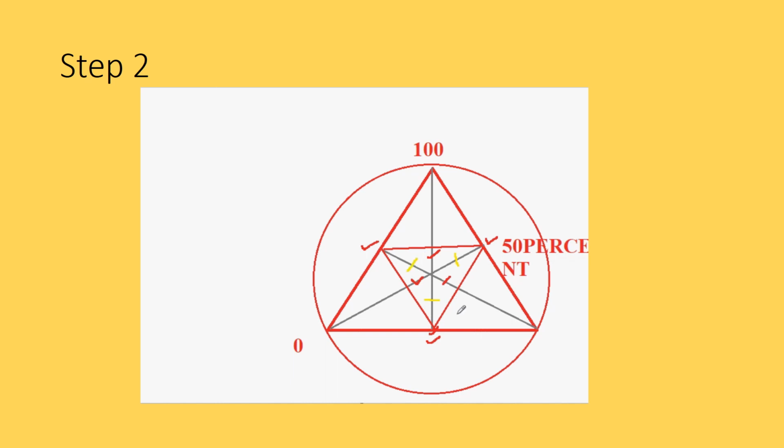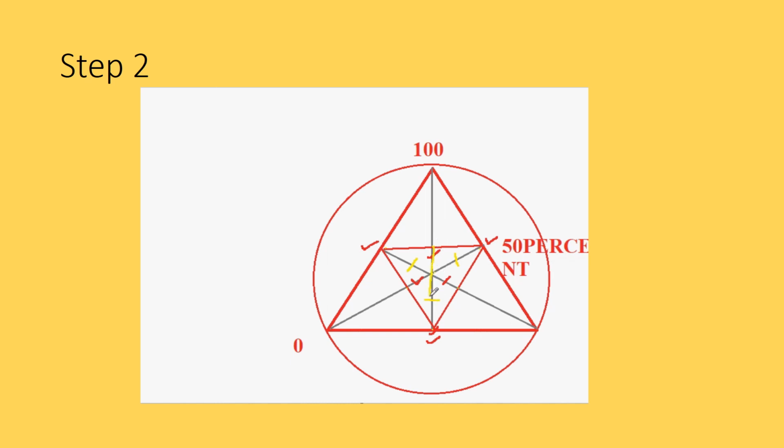If you put your compass in the center and consider this point to this apex point, and this point to this apex point, and this point to this apex point, individually as a 100% line, then from the center to that point is the 1/3, and this line is exactly 2/3.